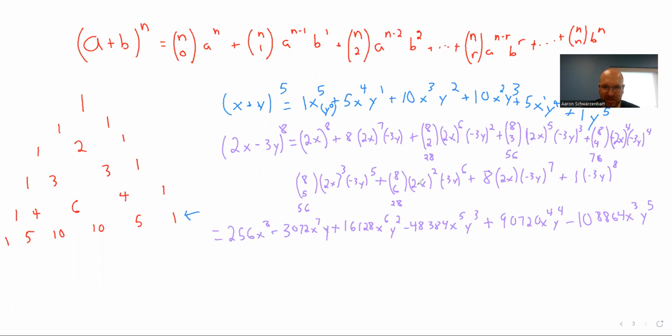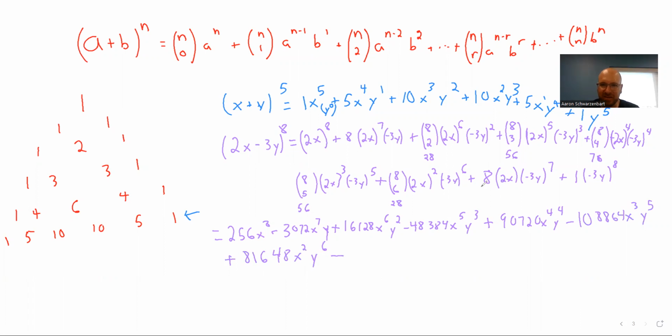Now I've got 28 times 2 squared times negative 3 to the 6th, which is positive 81,648 x squared y to the 6th.